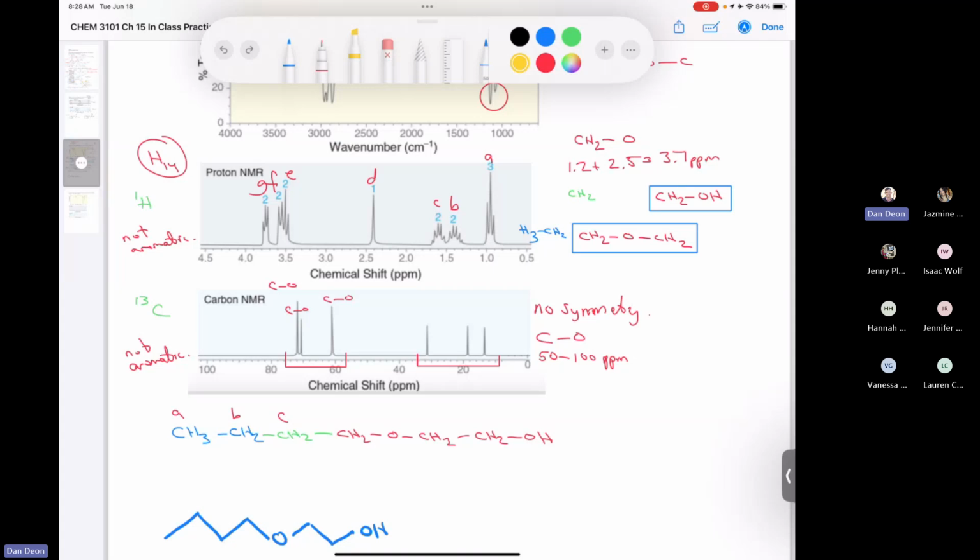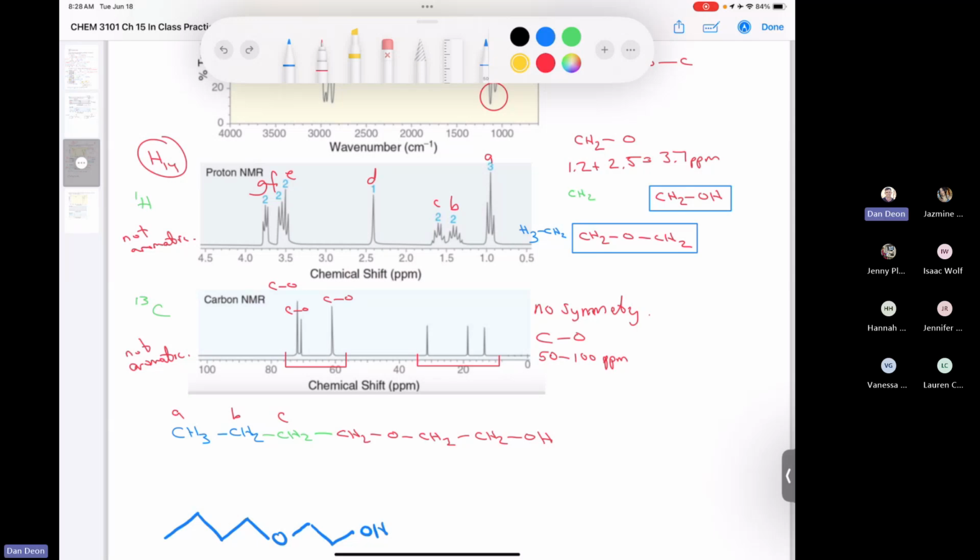Oh, I'm looking at something here. So A, B, C. Yeah, so the one that's going to be the most deshielded is the one attached to the alcohol, right? Because an alcohol increases the chemical shift by 2.5 parts per million.